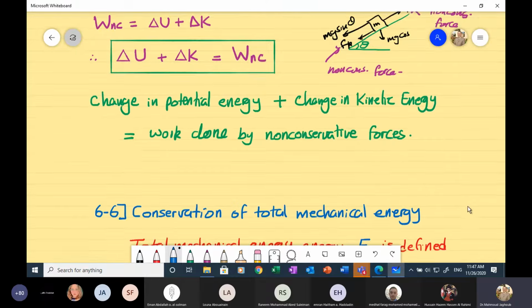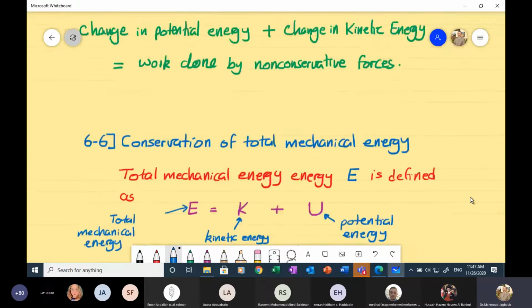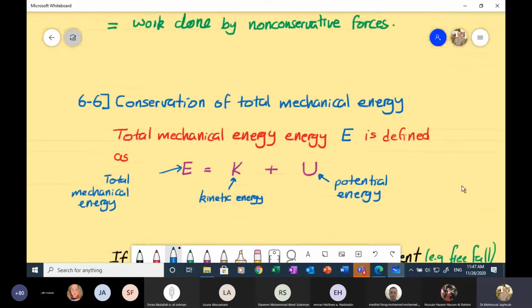Before we use this formula, let us see what we mean by conservation of total mechanical energy. There is a term called total mechanical energy. How do we define it?